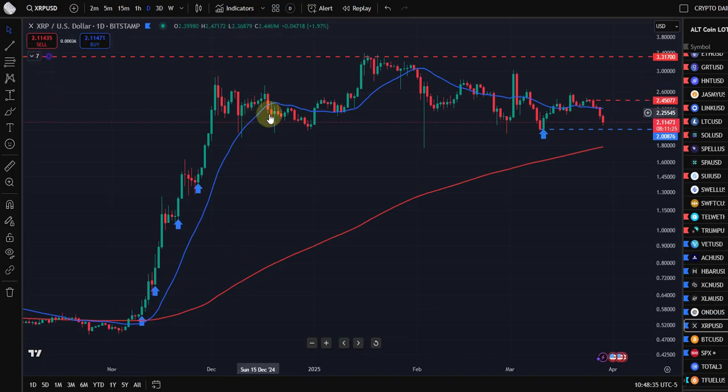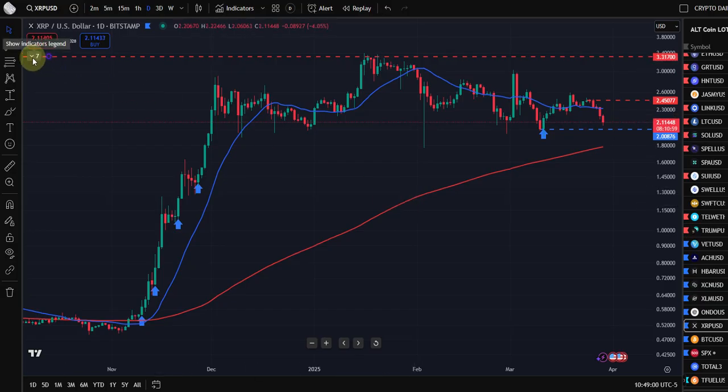And then also the two most important moving averages on your chart are the 20 and the 200. 20 being the blue, 200 on this chart being the red. And all that means is that the 20, for example, if you're on a daily chart, is just the average closing price of the last 20 days. And then the 200 on the daily chart is the average closing price of the last 200 days, okay?